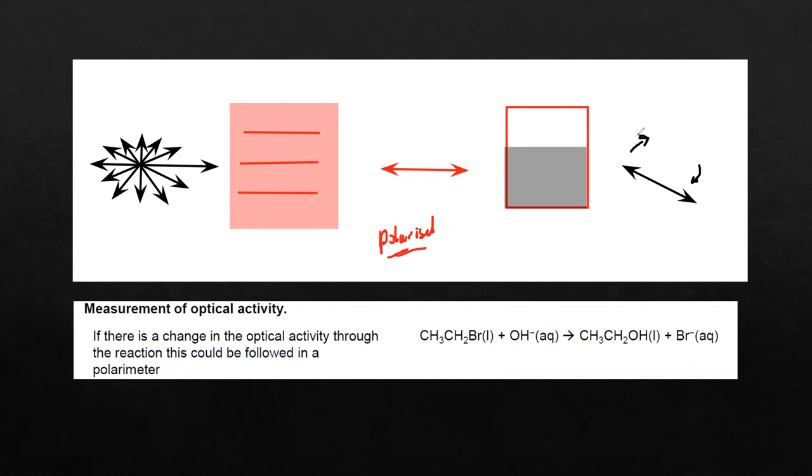But as the reaction occurs and leads to the formation of a product, the product may also have optically active enantiomers or molecules. These molecules can change the polarized light plane. So as the reactant is changing into product, we observe the plane of the polarized light is also changing.